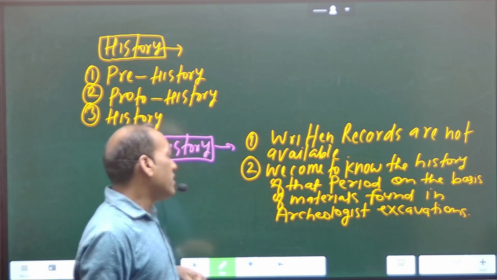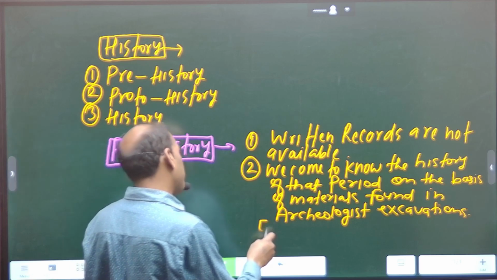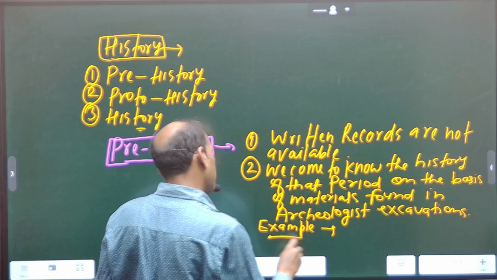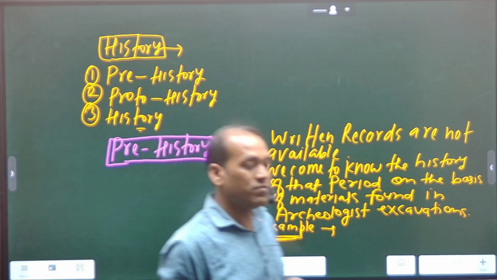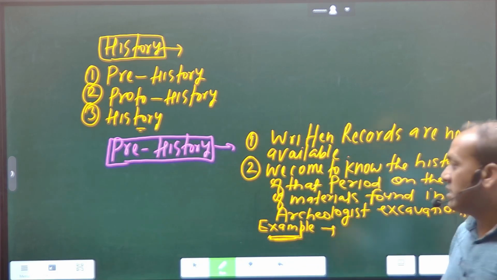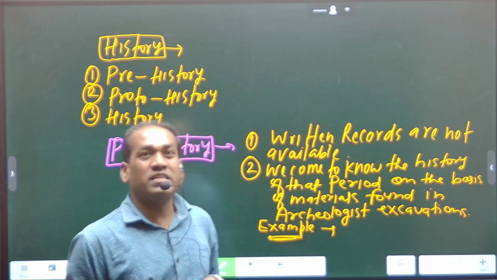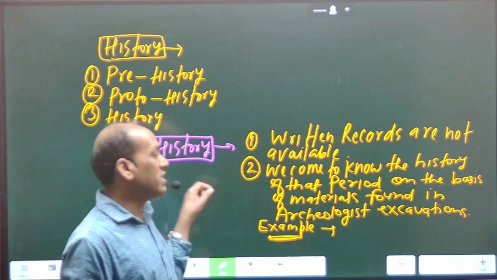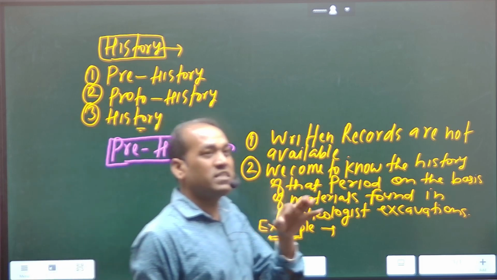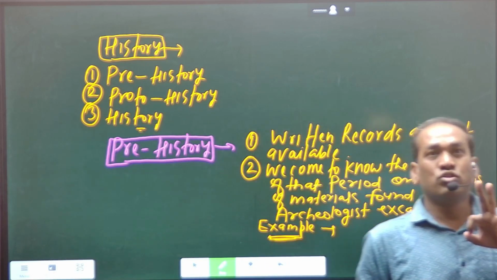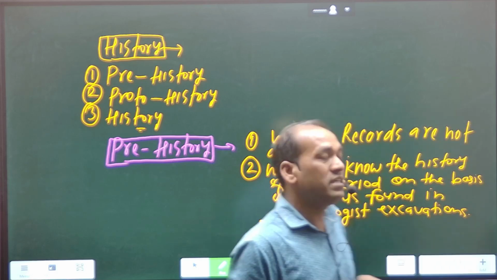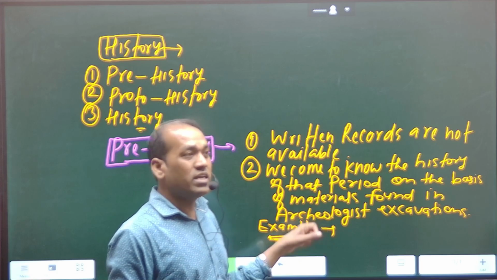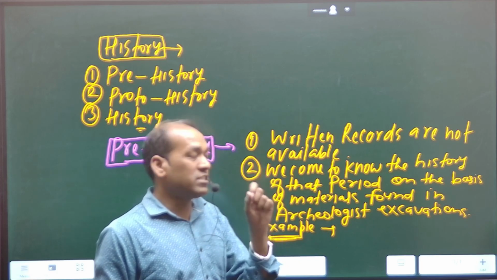Now, example. In history, three periods are there, and they are included in prehistory. The first period is Stone Age.